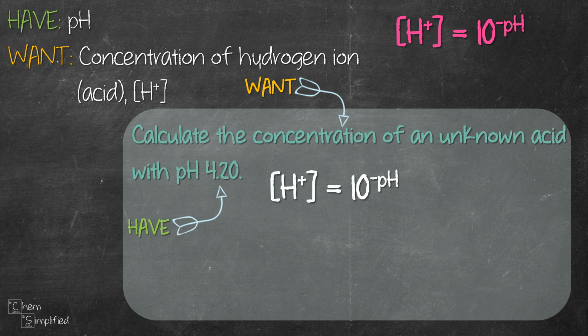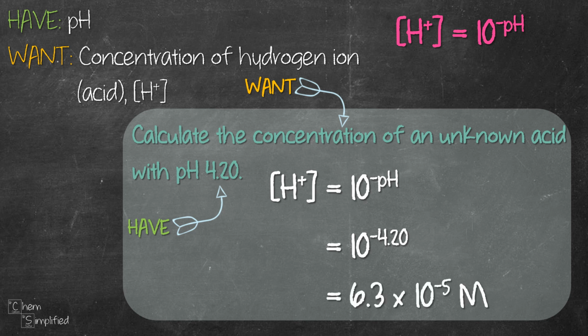So we write out that equation and we plug in the value for pH, take the anti-log of negative 4.20, and the answer is 6.3 times 10 to the power of negative 5 molar. Don't forget to include the unit for the concentration, which is capital M for molar.